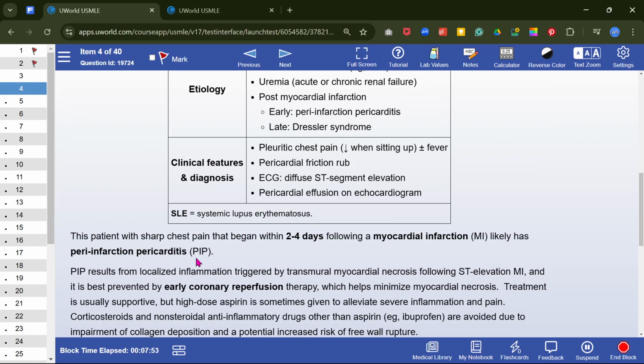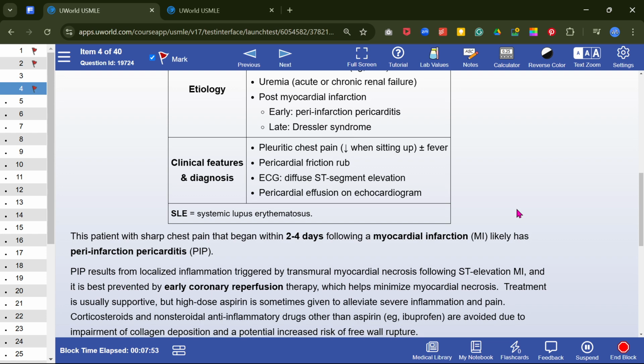This patient with sharp pain that begins within 2 to 4 days following myocardial infarction likely has peri-infarction pericarditis.